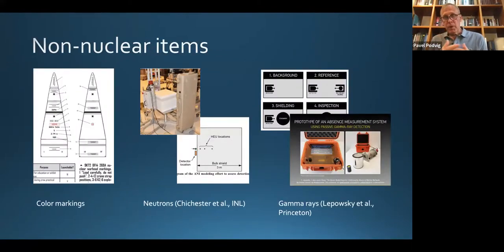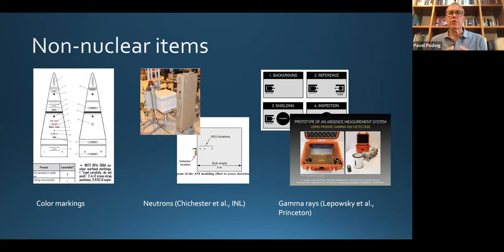So in a way, the point here is that if you do this kind of arrangement, if you agree that you remove weapons to some kind of central storage, away from the delivery systems, then you could verify that fact.